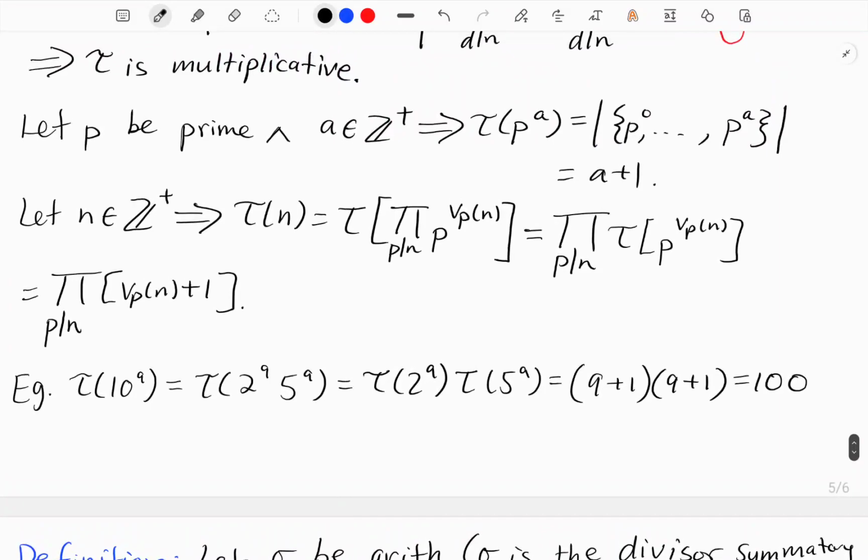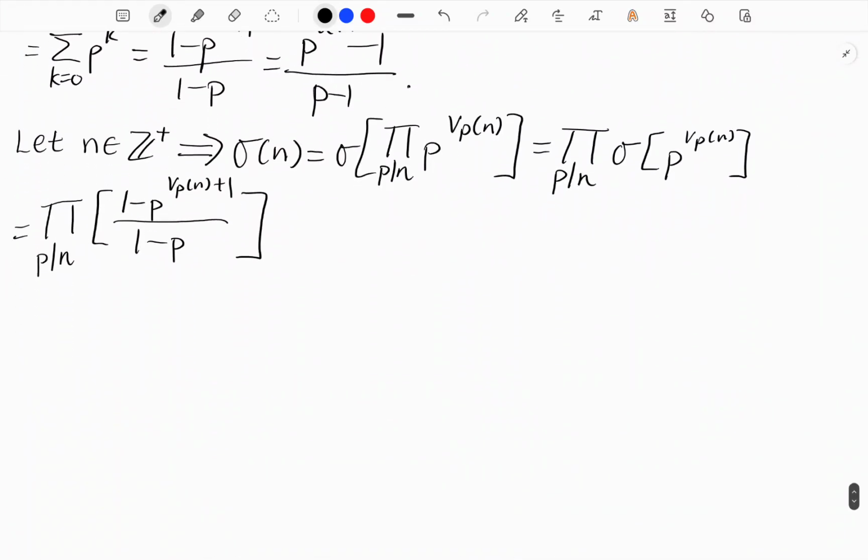So earlier, I had 1 billion with tau, and 1 billion has 100 positive divisors. But what is their sum? Well, let's see what their sum is. What is the sum of all the positive divisors of 1 billion? So let's say sigma of 10 to the power of 9.